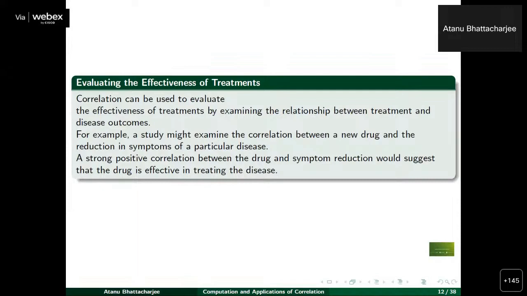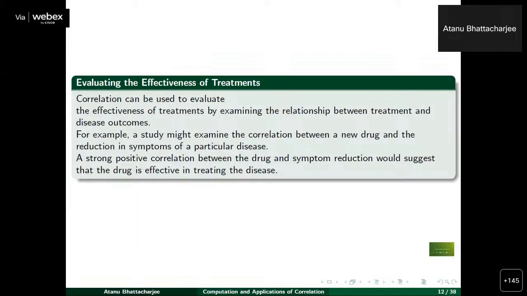That is quite expected, because if you increase the dose level of the painkiller, obviously the pain will be much less. So in that case, the question is: is it a positive correlation or a negative correlation? Definitely a negative correlation, because the numerical values of the drug doses keep on increasing from 50 to 100, 150, then 200 mg, but the pain score values keep on decreasing, from a mean value of 8 or 9 to, let's say, 7 or 8, thereafter 4 or 5, and thereafter 2 or 3.